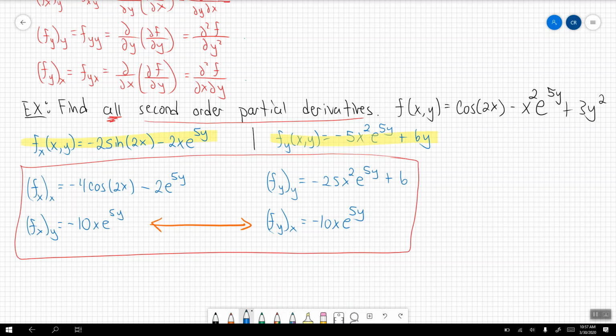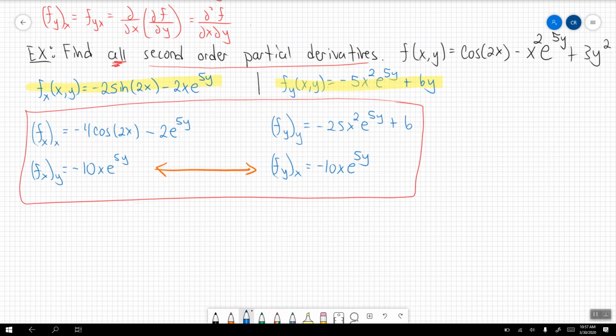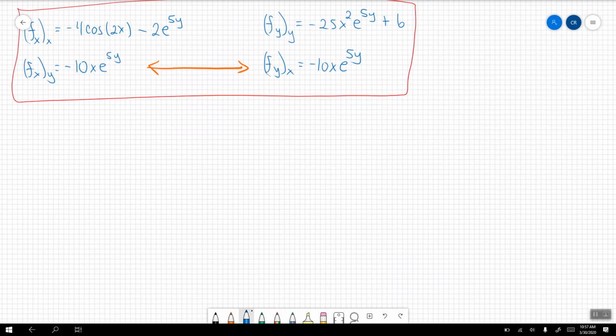Well, we do have this one theorem that's going to be very nice. This is known as Clairaut's theorem.